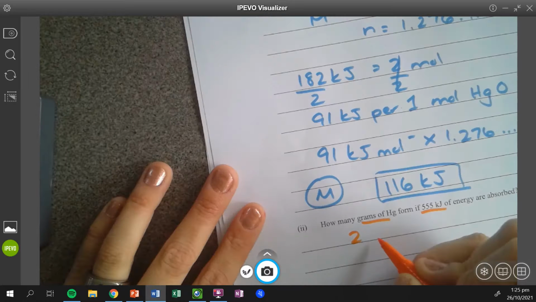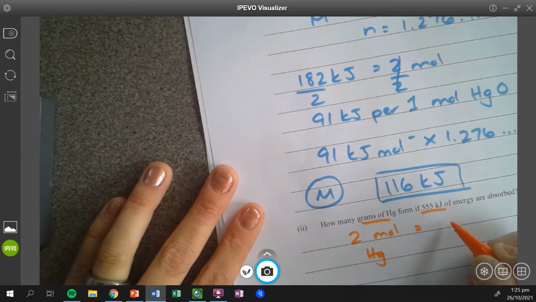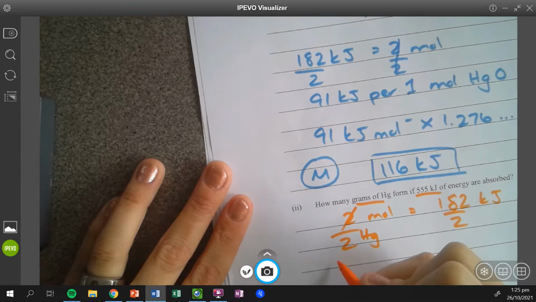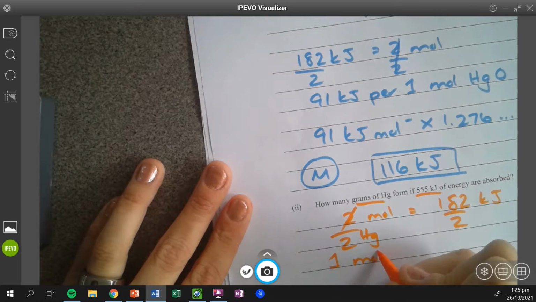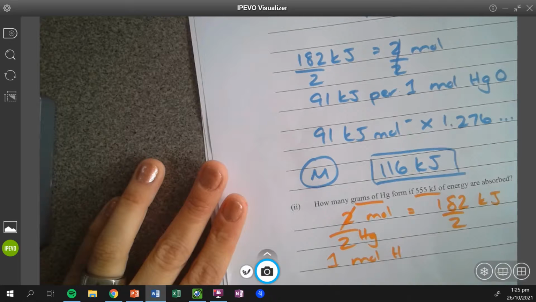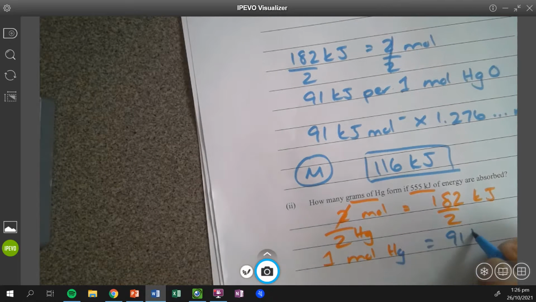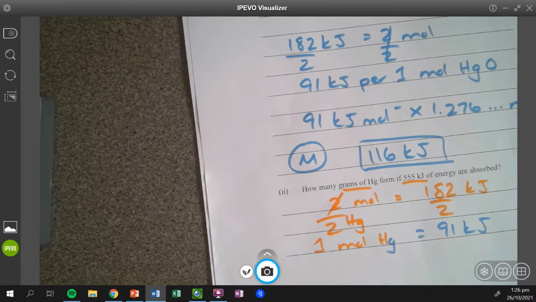So 2 moles of mercury is going to be equal to 182 kilojoules. So I need to then divide both sides by 2. So for every 1 mole of mercury produced, I need to use 91 kilojoules of energy for that. Are we okay with that so far?